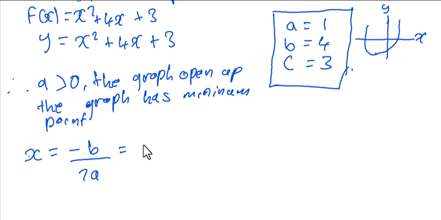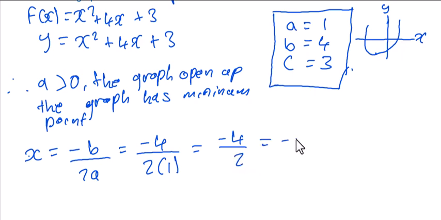Our b is going to be negative 4 over 2 multiplied by 1, since our a is 1. Which is equals to negative 4 over 2, which is just going to be negative 2.